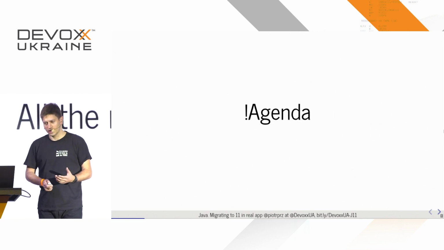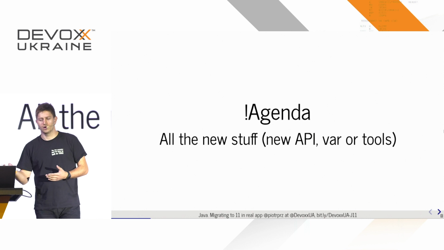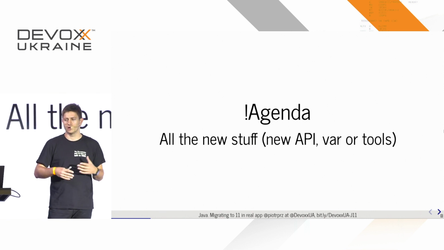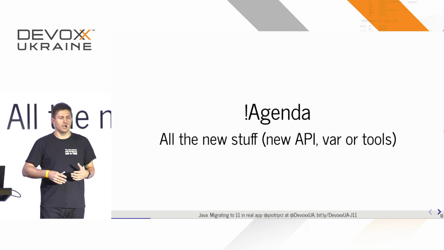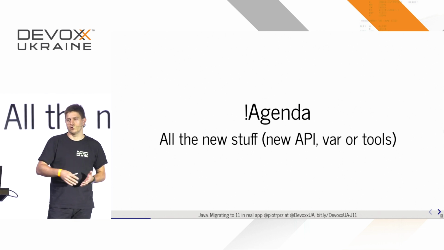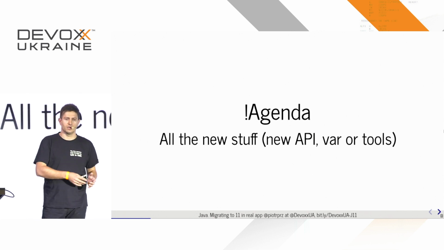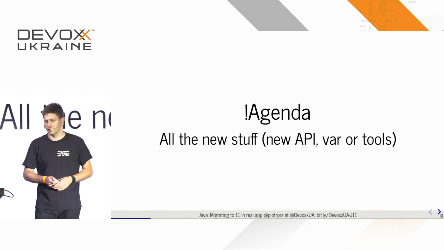What won't be covered today is all the new stuff, like new API, the type indicator var, new tools or so ever. So if you came to this talk to learn Java 11 in 50 minutes, sorry, it's not this talk. This talk is about running the application you already have on JVM 11, basically.